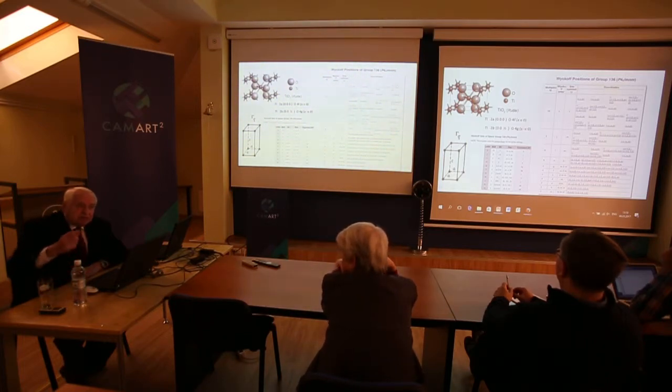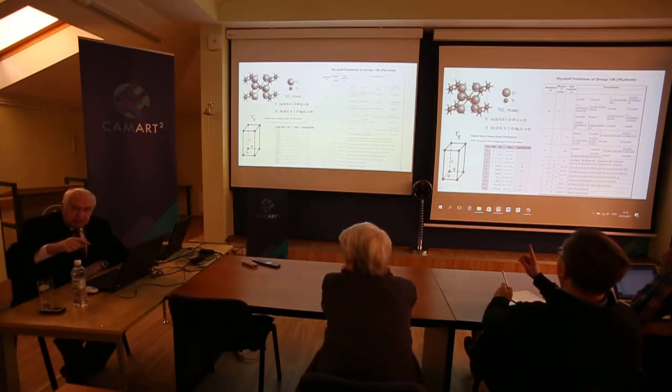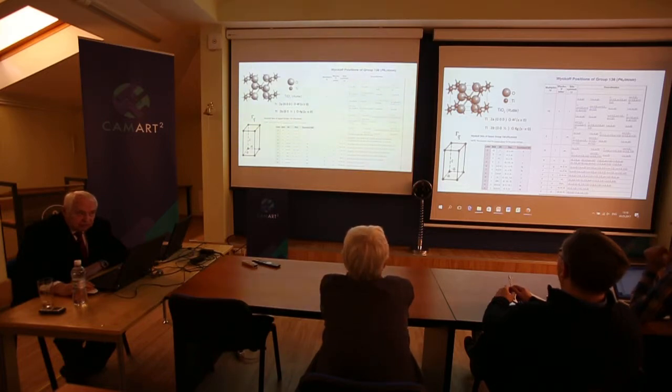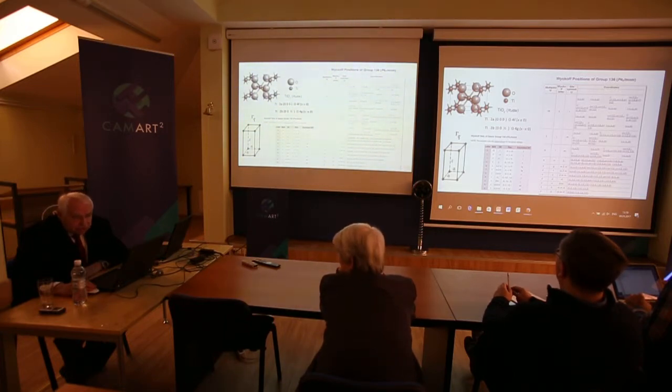It means that to restore the symmetry, you need to move by half of the translation vector. So rotate by 90 degrees. You are in an empty position, but you need to restore the whole structure. You can move either up or down by half of the translation vector. See this one.